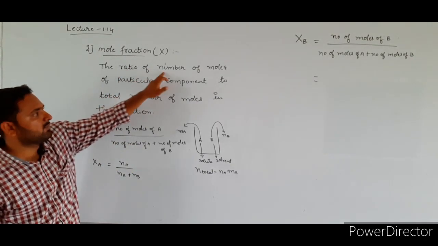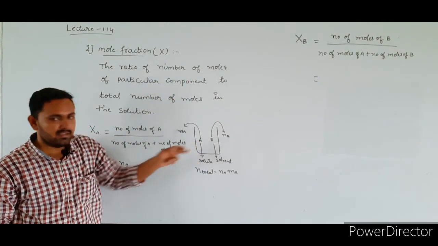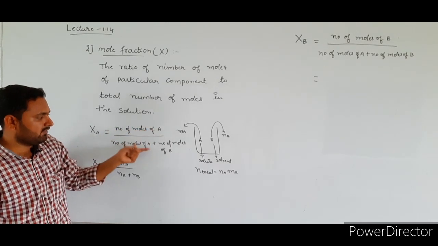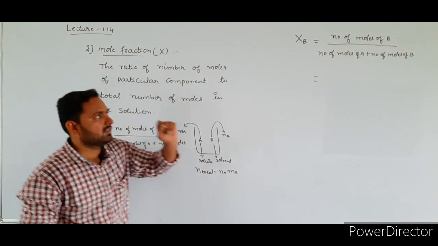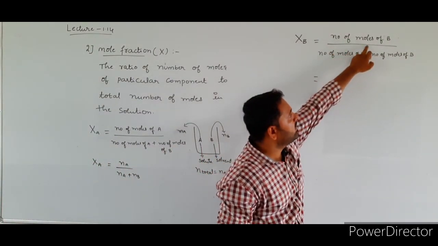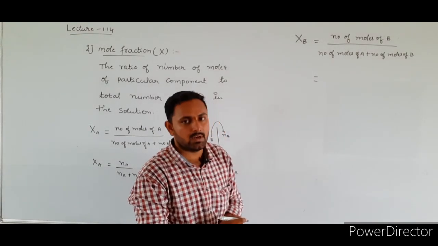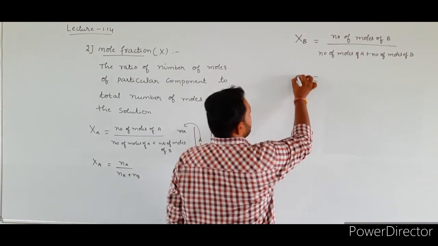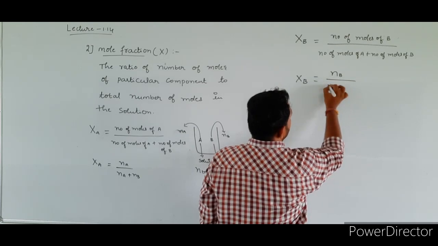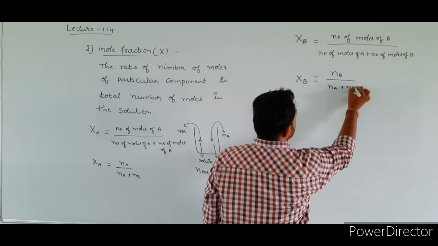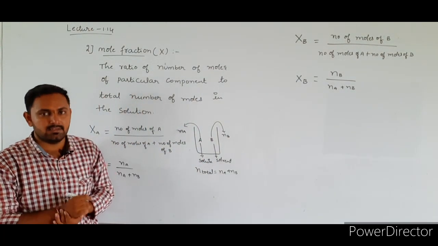If you want to calculate mole fraction of A, then number of moles of A divided by total number of moles in the solution. If you want to calculate B, then number of moles of B divided by number of moles of A plus number of moles of B. That means total number of moles in the solution. XB is equal to Nb divided by Na plus Nb. This is the mathematical expression to calculate mole fraction of B in the solution.